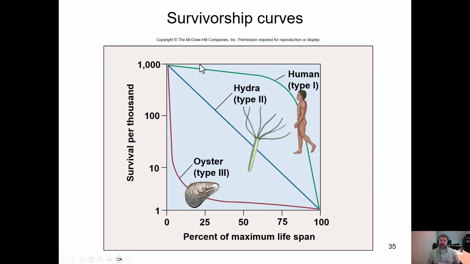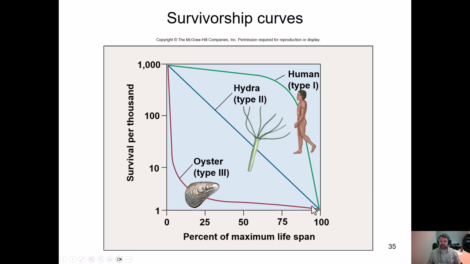It's pretty high chance of surviving. And then once you get to old age, all those organisms' mortality rate increases. For humans, you can see, if about 75% of the maximum life, and in this case, you could say that our maximum life is about 100 years, so about 75 years, humans start to tail off.